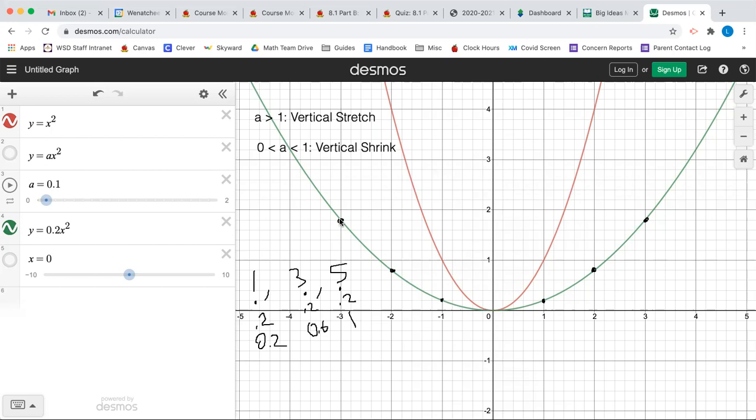Now, the rest of the properties of our parabola when our a value is between 0 and 1 is not actually different from the properties of the parabola when the a value is 1 or is greater than 1. Our axis of symmetry for this type of parabola remains the same. It's x is equal to 0. If we wanted to talk about increasing versus decreasing, that is also the same. So the yellow part over here, this is our decreasing part.